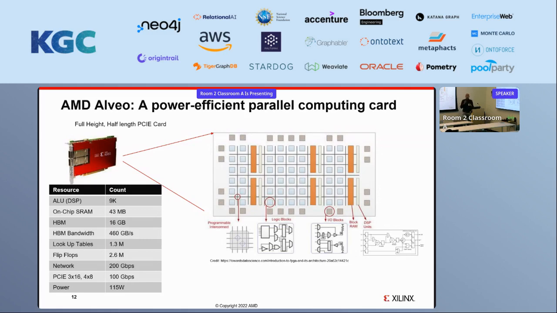Then, of course, there is 100 gigabit per second PCI, so whatever data you want to offload to the card can go over PCI. There is also 16 gigabytes of high bandwidth memory with 32 parallel channels and 460 gigabytes per second of bandwidth. That allows you to build custom data paths, as I'll explain in the next slide.